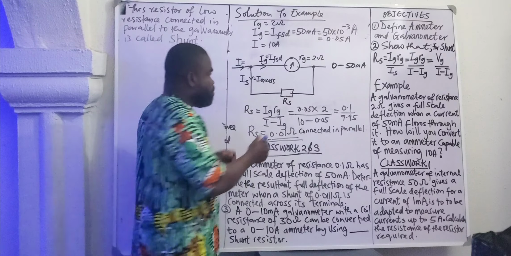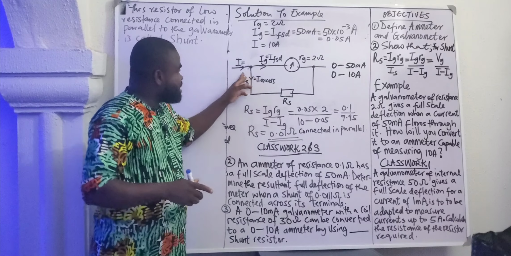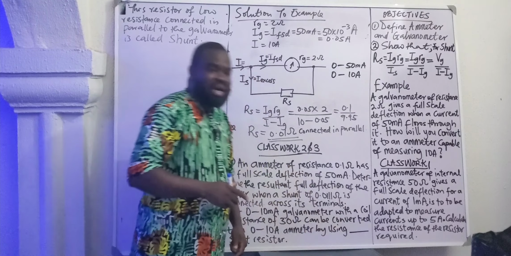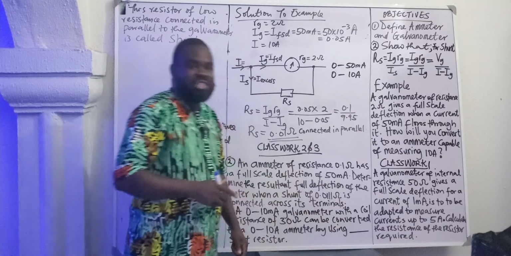Now it's increased to what? 0 to 10 ampere. So this 10 ampere is now the maximum what? Current. So they say, how will you achieve that range adjustment? Using what value of shunt? What value of resistance will you use? I hope you understand.